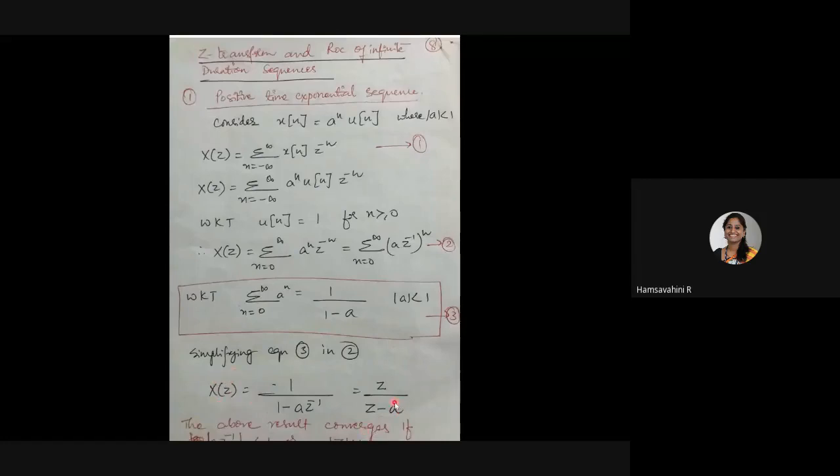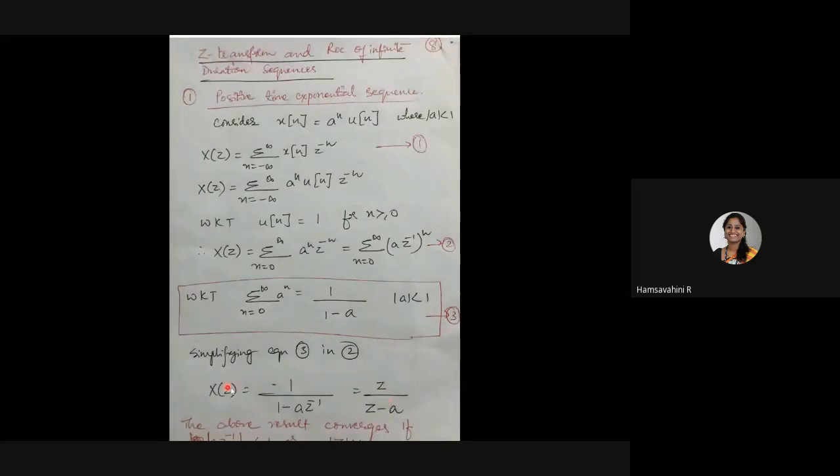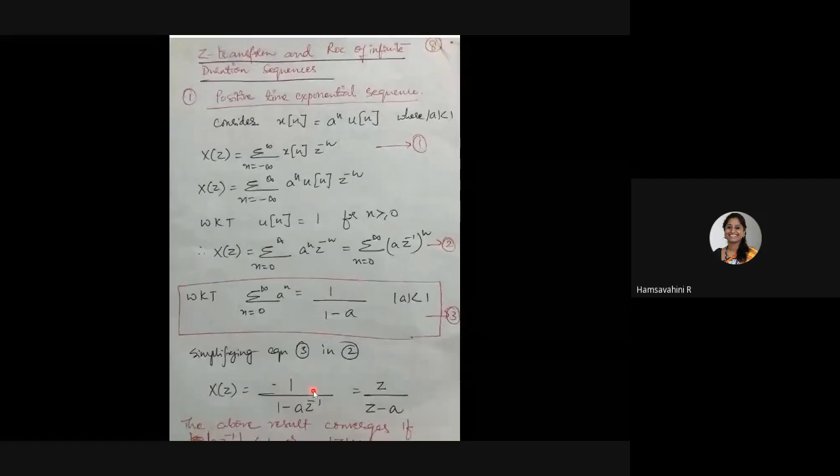If the denominator becomes 0, then z by 0, X of z will become infinity. That means for a given signal, X of z doesn't exist when z is equal to a, so except a, for any other values of z, X of z should be a finite value.